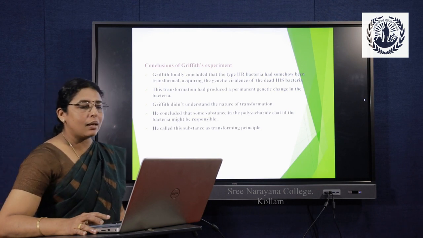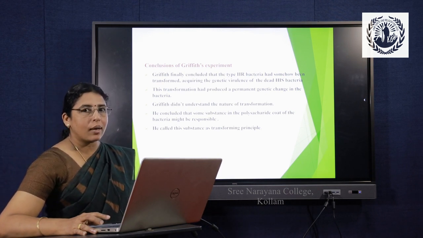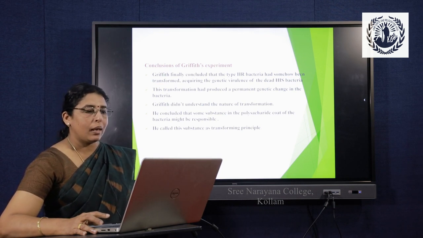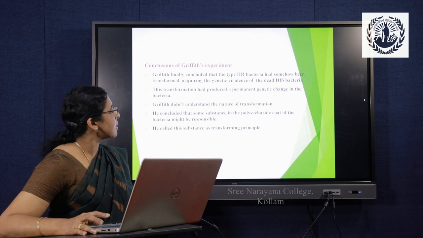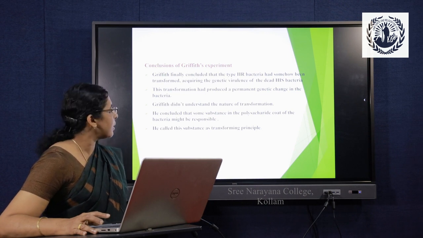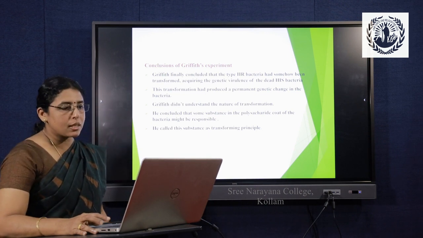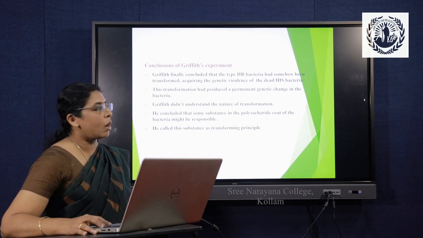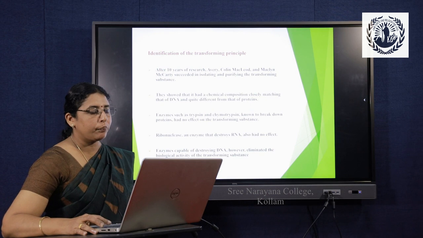But Griffith didn't understand the nature of transformation or how it takes place. He concluded that some substance in the polysaccharide coat of the bacteria might be responsible. He called this substance the transforming principle. These are the conclusions of Griffith's experiment.